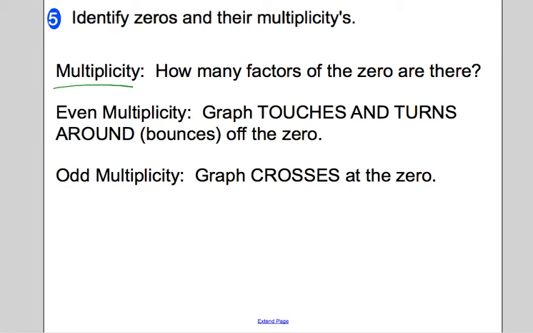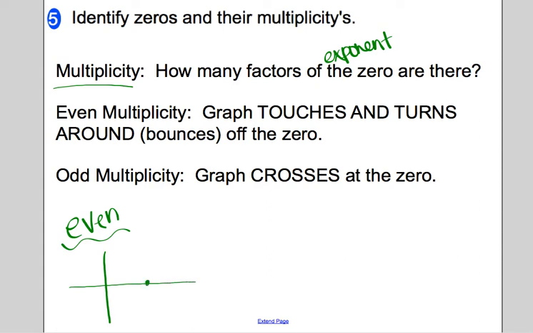So are there 2 of those zeros, 3 of them, 4 of them? In order to decide that, you're really going to look at that exponent outside the parentheses. If it's an even number, like 2 or 4 or 6, it means the graph is going to touch that 0 and then turn around. You could think of it as bouncing off that 0.